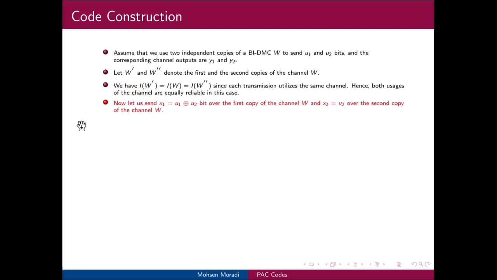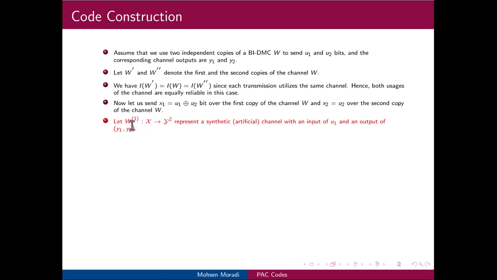Now instead, let's be more clever and XOR those two bits with each other, obtain X1, and send it through one copy of the channel, and send X2 equal to U2 through the second copy. Also, let's define the synthetic or artificial channels for this block length 2.